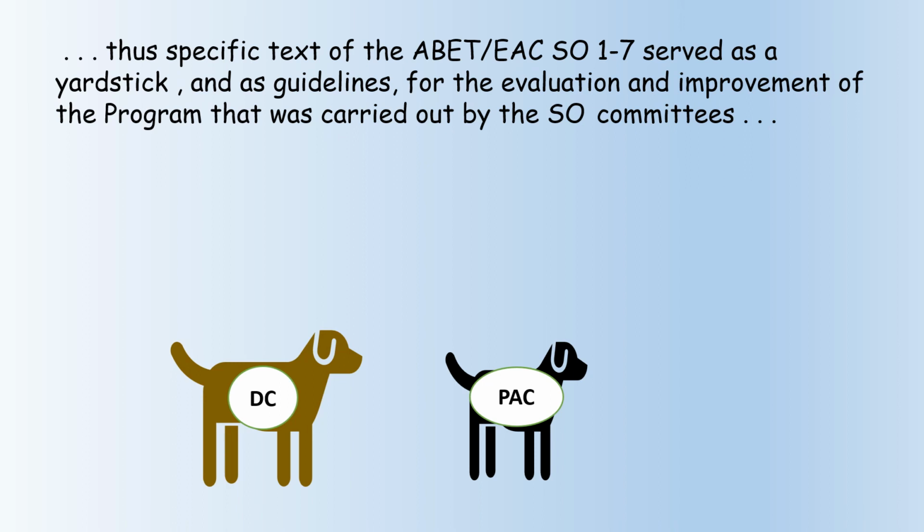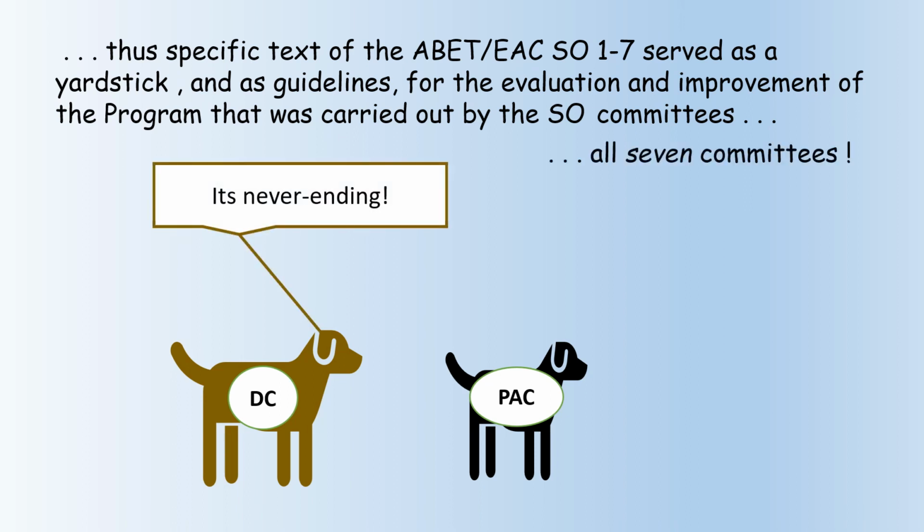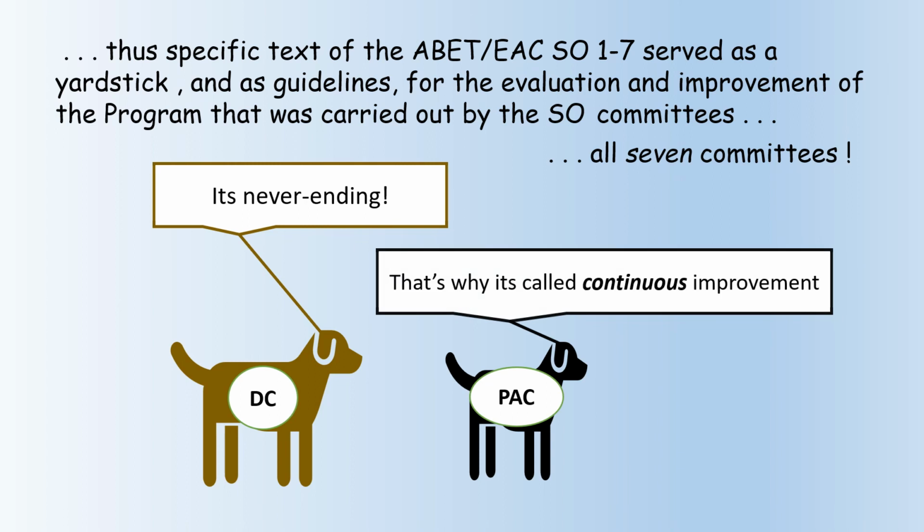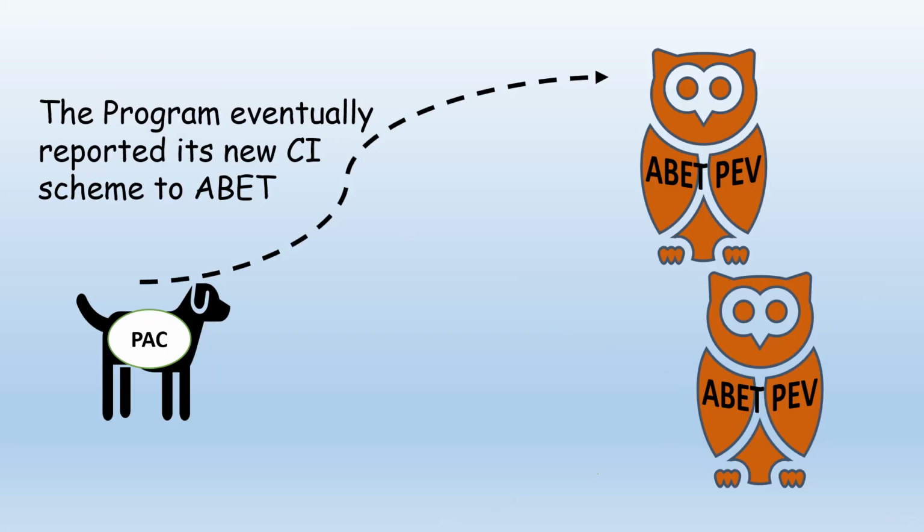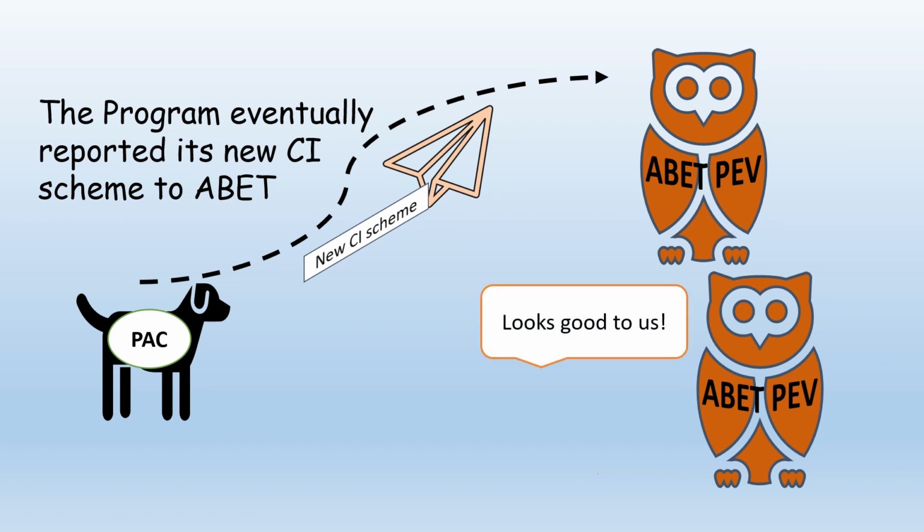And now multiply that activity by 7. It's never ending. That's why it's called continuous improvement. PC did eventually send a written description of the new CI scheme to ABET, who responded, "Looks good to us."